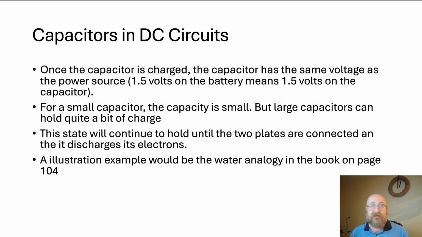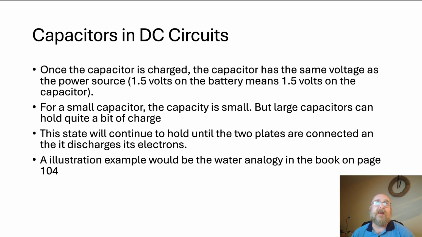Once that capacitor is charged, it has the same voltage as the power source. 1.5 volts on the battery, that means 1.5 volts on the capacitor. A lot of these capacitors are good for up to 600 volts, but it just depends on what you charge it to.